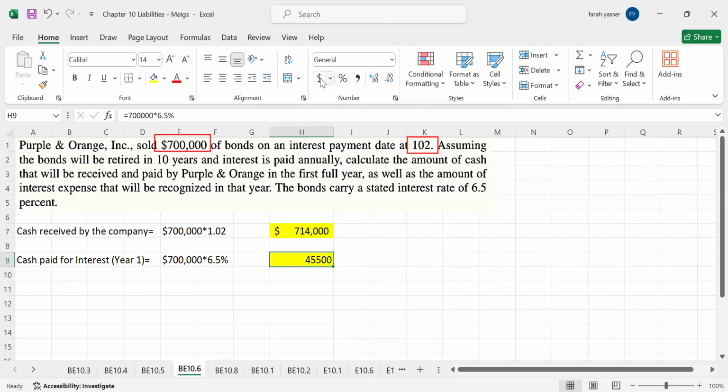So this is your annual interest payment. This is the cash payment made by the company to the bondholders.